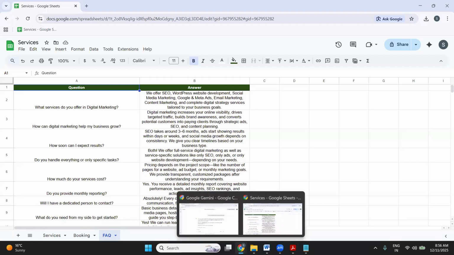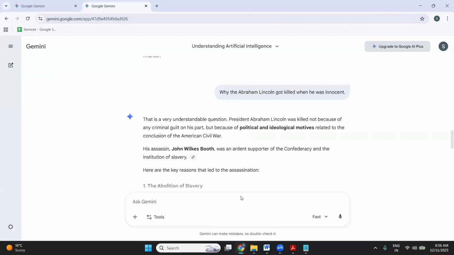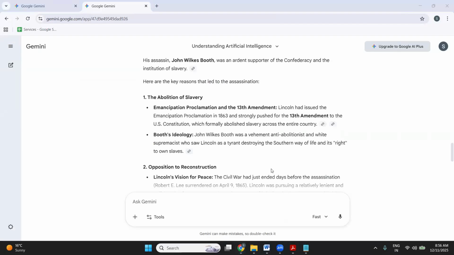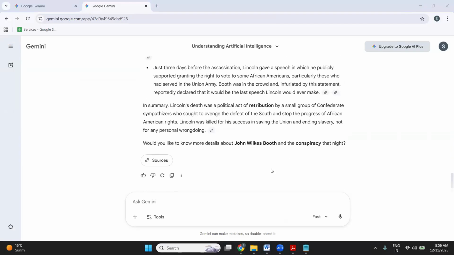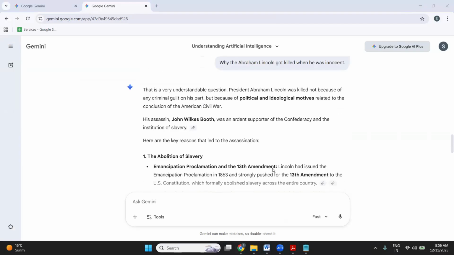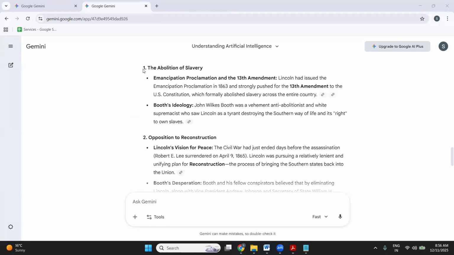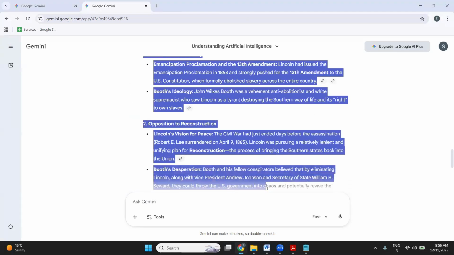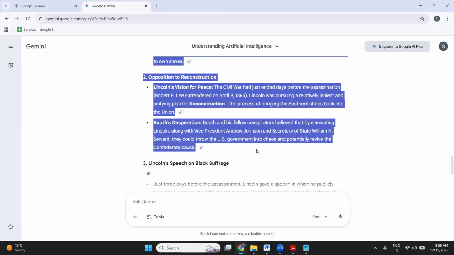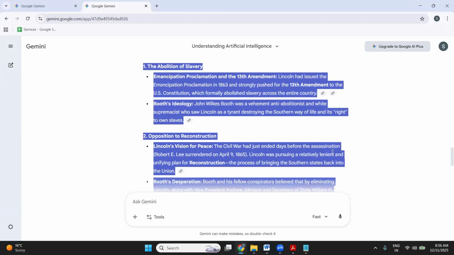Gemini is still thinking, and whatever results it is showing are still not correct or precise. My intention is just to know why this guy got killed when he's innocent, but it is giving me all other irrelevant information which I am not interested in. That means this still needs to be fine tuned.